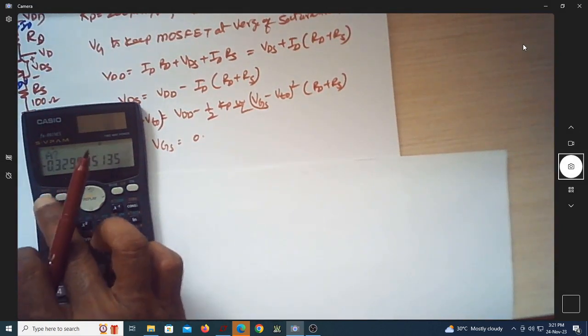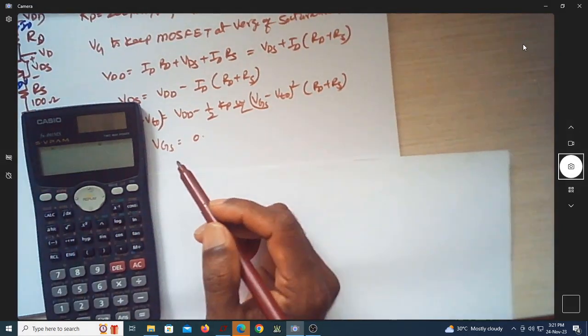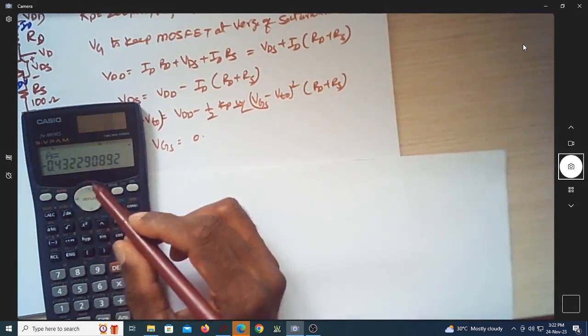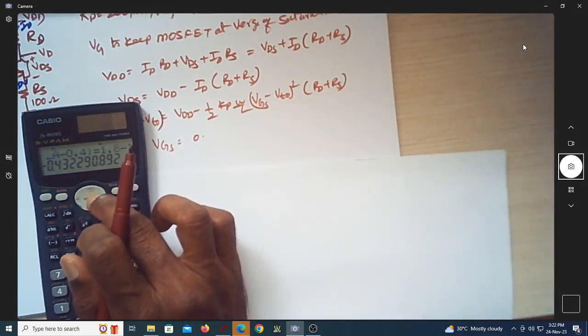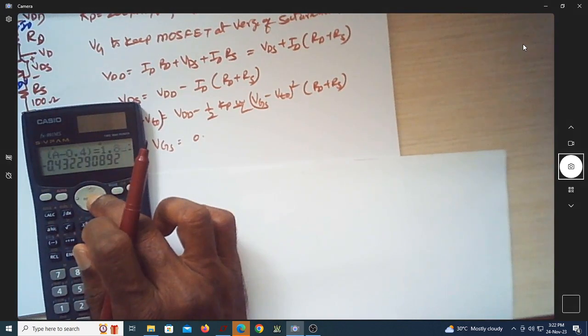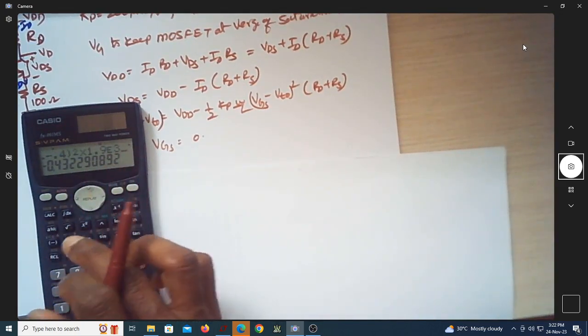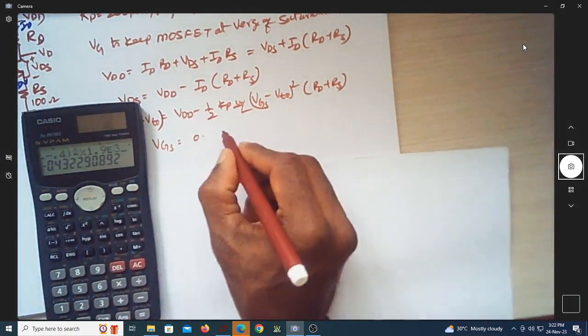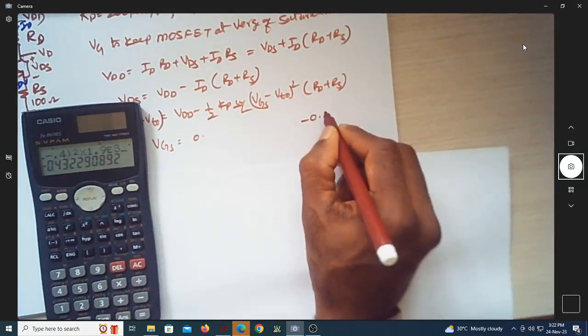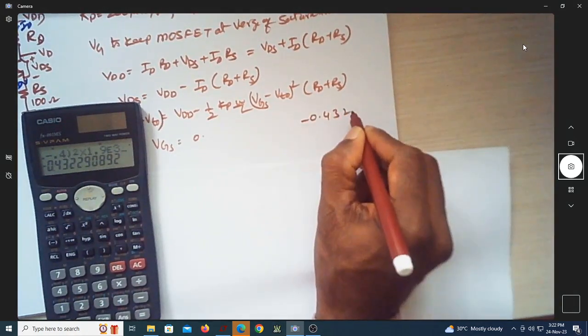Then shift cal. Okay, just a minute, let me verify. This is one of the values. Since it is coming as negative, one of the values is minus 0.432 volt.